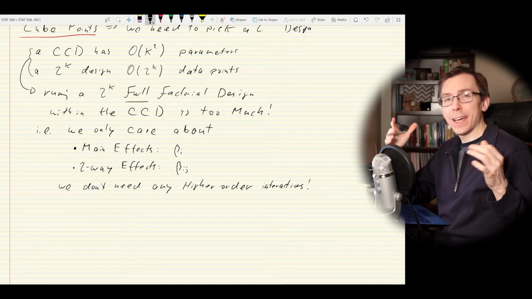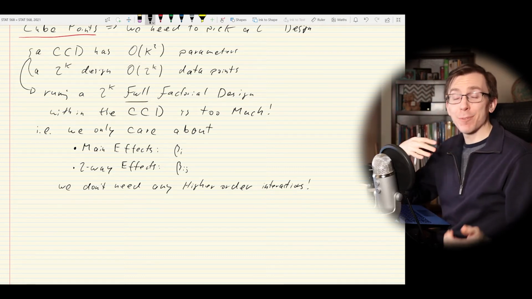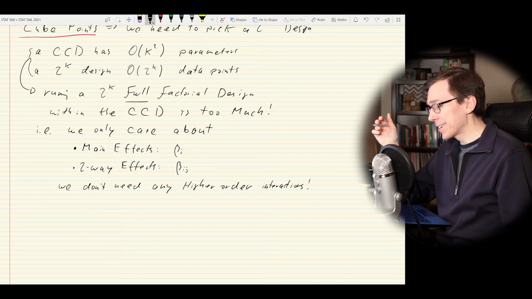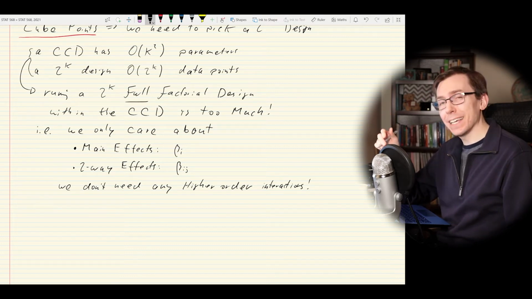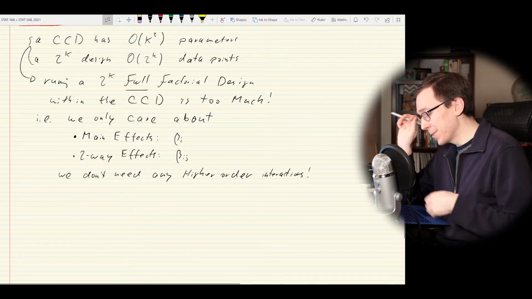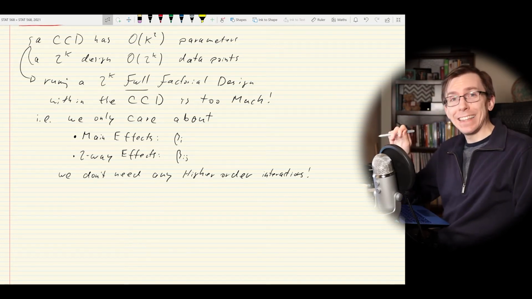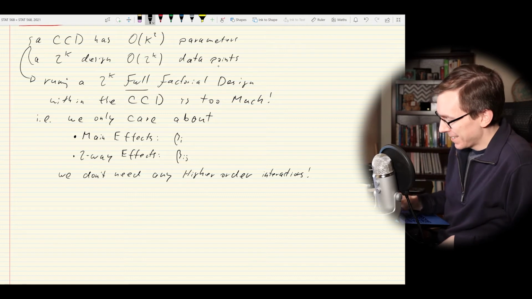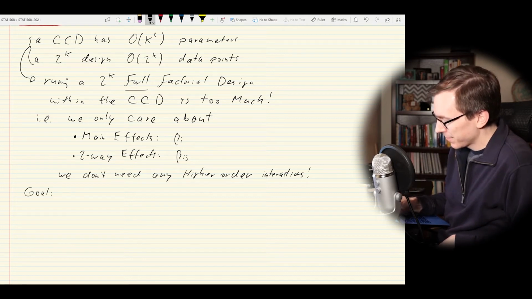So all those three-way, four-way, K-way, whatever, we don't need them. They're not going to matter at all when it comes to fitting the response surface to our data points. So we have to pick a design that's going to be the smallest design possible.